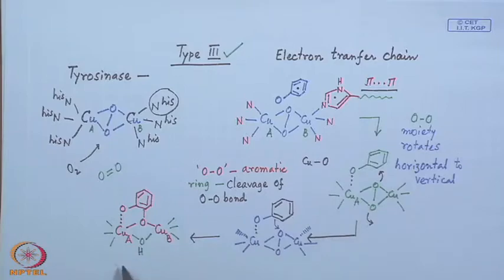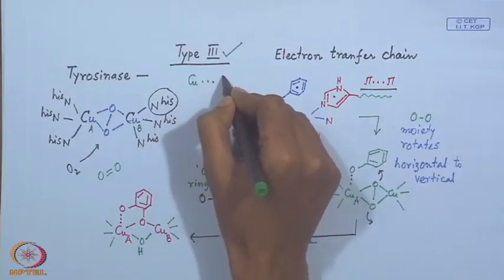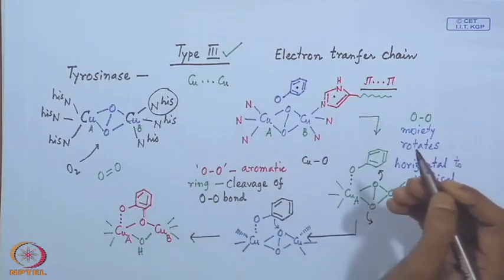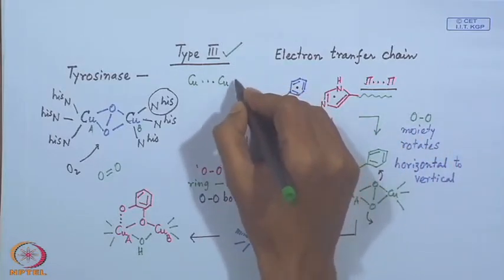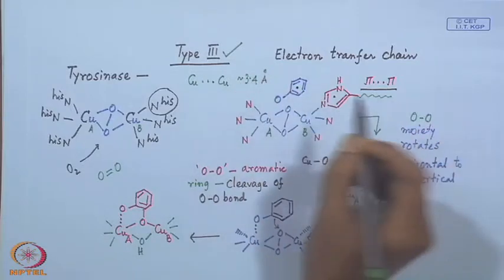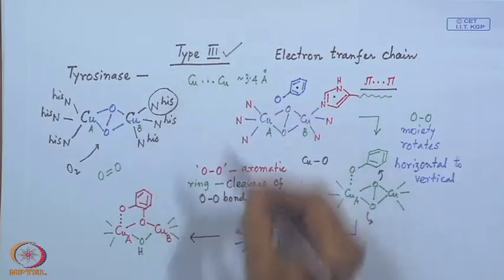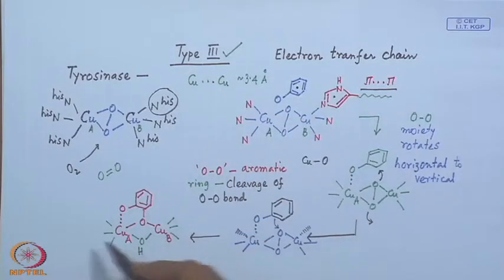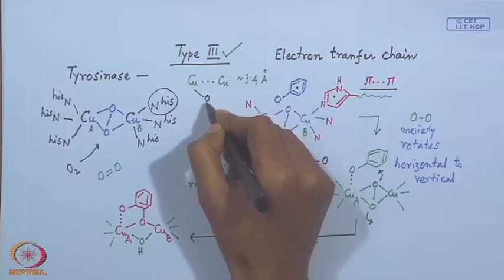That means you can control over here, that means you know what should be your copper distance, whether it is 3.3 or 3.4 or 3.2 angstrom. So, it is close to say 3.4 angstrom, and that particular one is also not only dependent on the other groups which are bound to these two copper sites, but also the main binding group, the main bridging group.